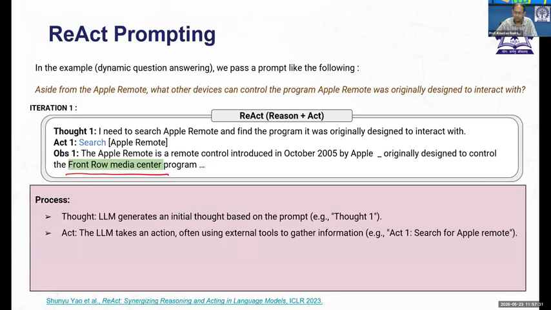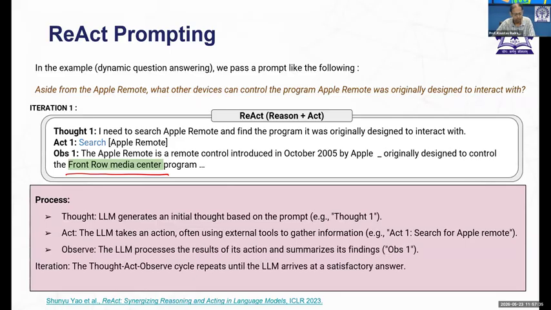It acts: the LLM takes an action, often using external tools to gather information, searching for the Apple Remote. Observe: the LLM processes the results of its action and summarizes the finding, observation 1. What is the iteration? This thought, act and observe cycle repeats until the LLM arrives at a satisfactory answer. In this first round, what does this generate? It generates the phrase Front Row media center.